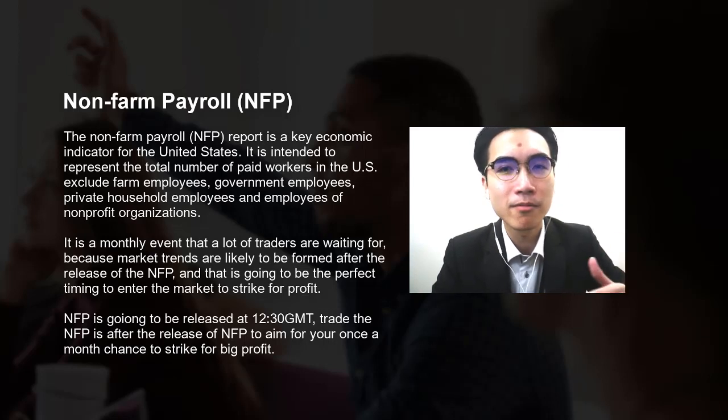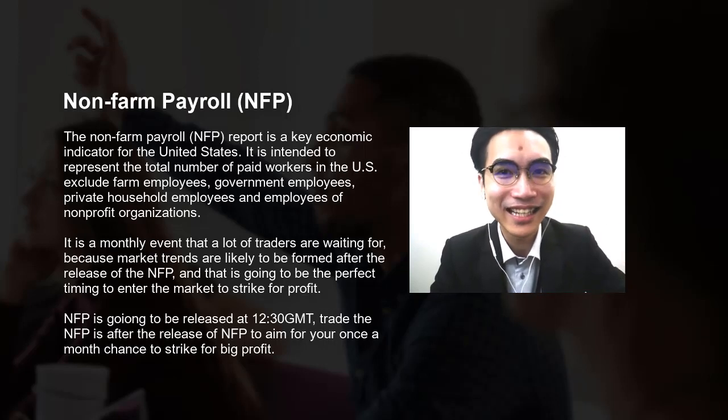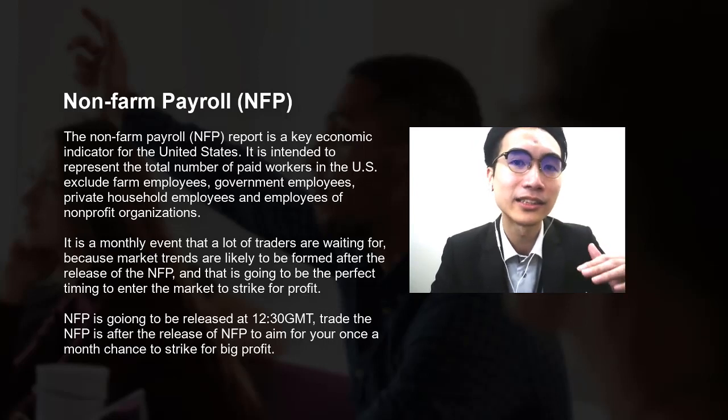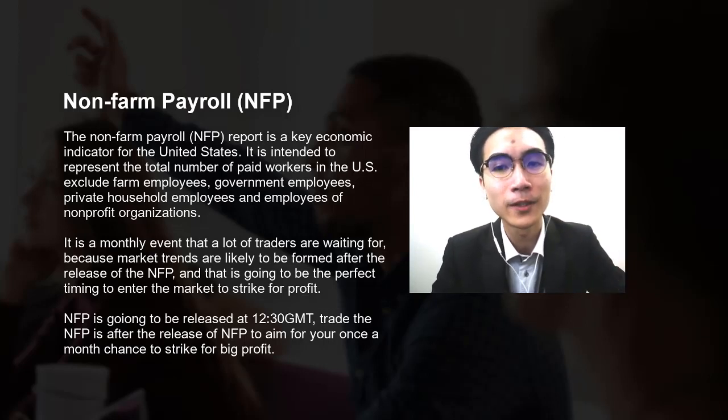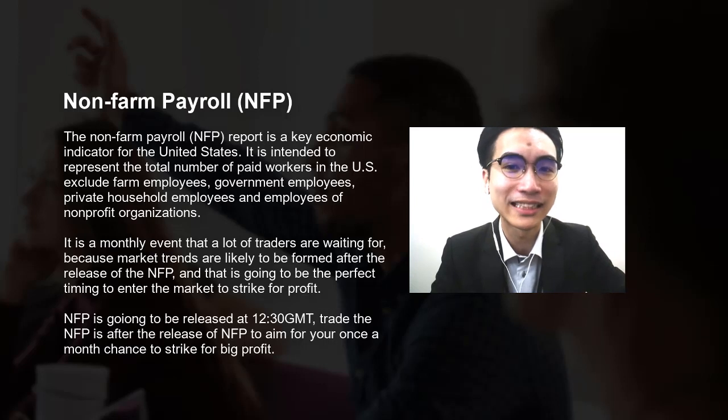The non-farm payroll report is a key economic indicator for the United States. It intends to represent the total number of paid workers in the United States, excluding farm employees, government employees, private household employees, and employees of non-profit organizations.